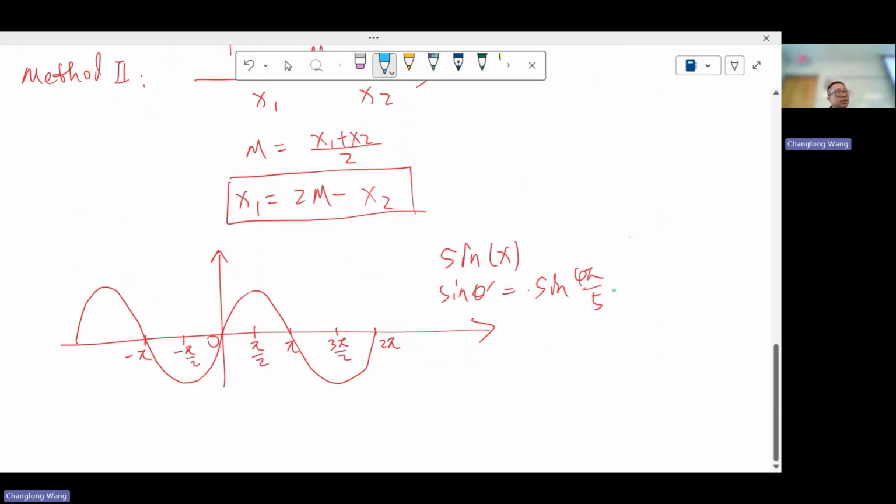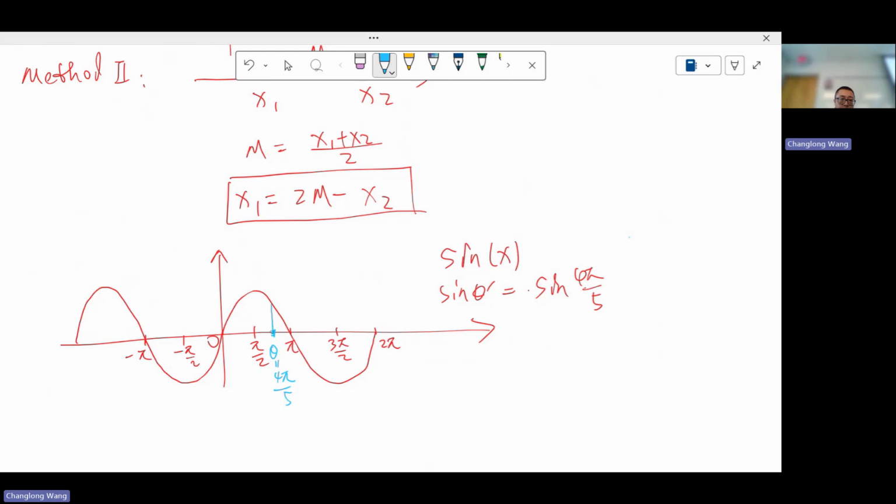It's less than pi, actually. You see that? So it'll be somewhere here, right? So this is angle theta, that is 4 pi over 5.